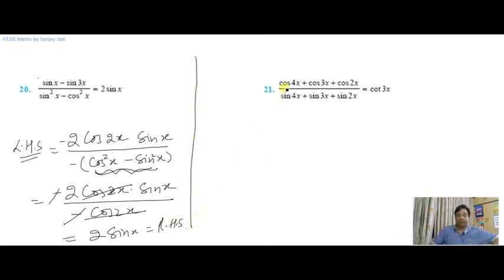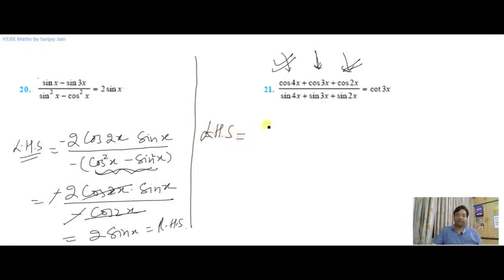Question number 21st. I have got this middle term as cos 3x, and if you see this term and this term, the extreme terms, cos 4x, cos 2x. So the average of their angles is the middle term. So what I'll do is I'll apply CD formula at this and this term. So cos C plus cos D. Okay, let me regroup it and write the left hand side once again for you.